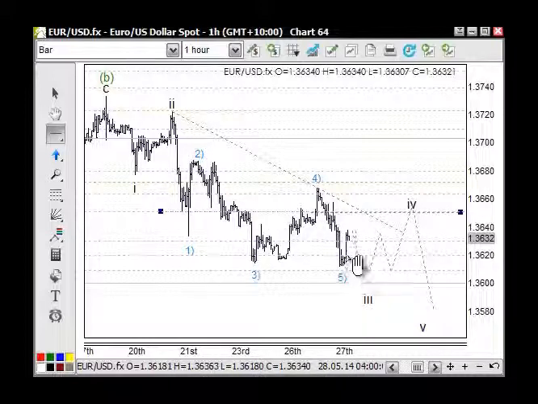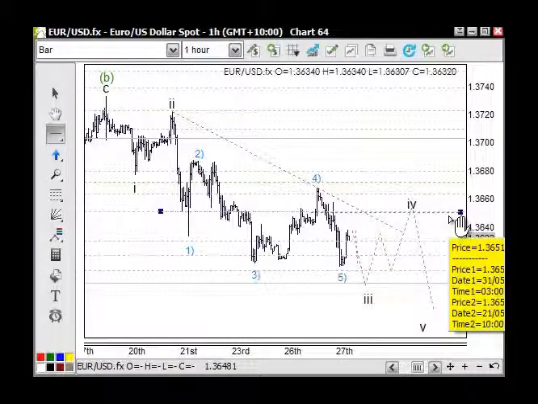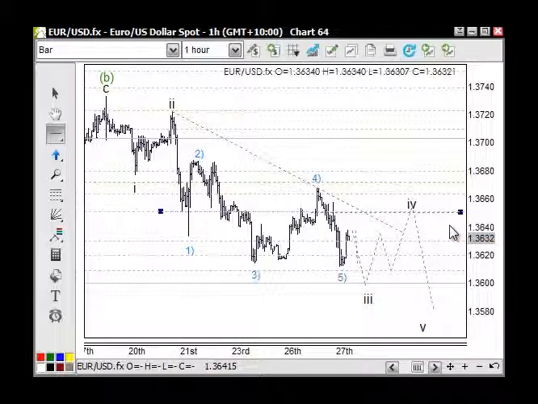So I mean, this little move up through here does appear more impulsive than corrective. It appears to be in 5 waves here, but anyway, we'll see. We're not interested in going long until we have that 50 as the support there. The weekly stochastics is coming into the buying zone, so we know there is support down here.